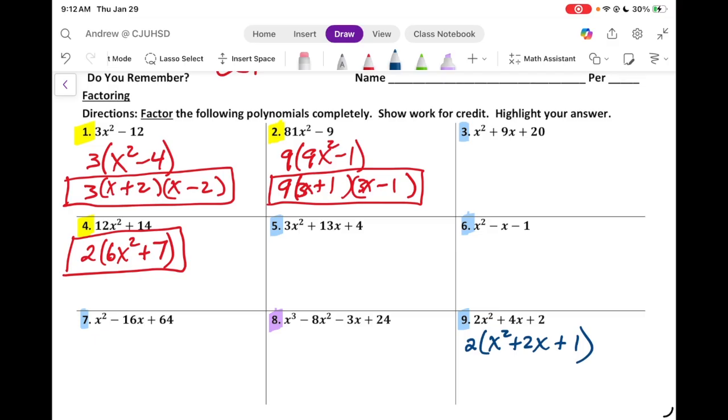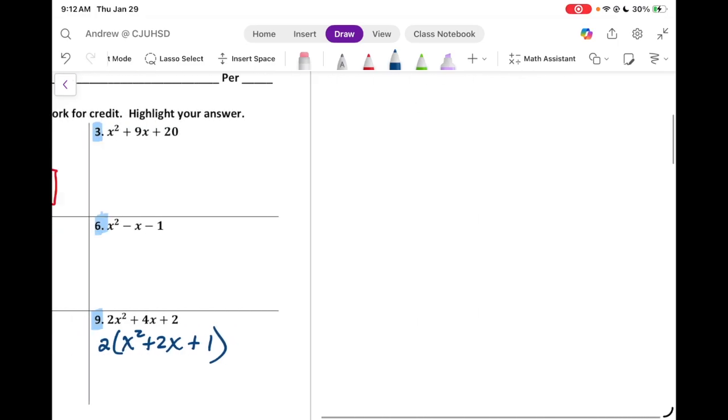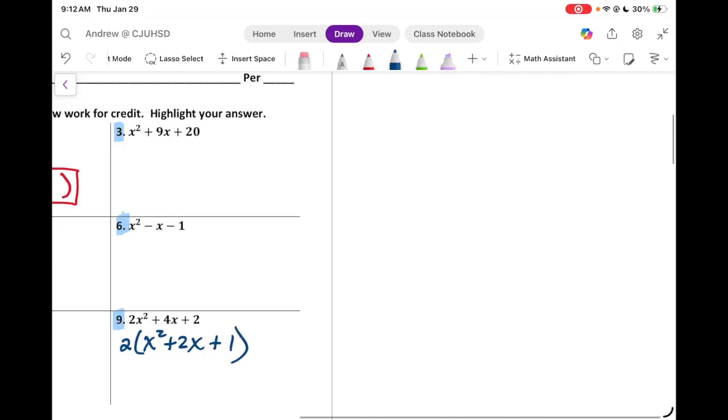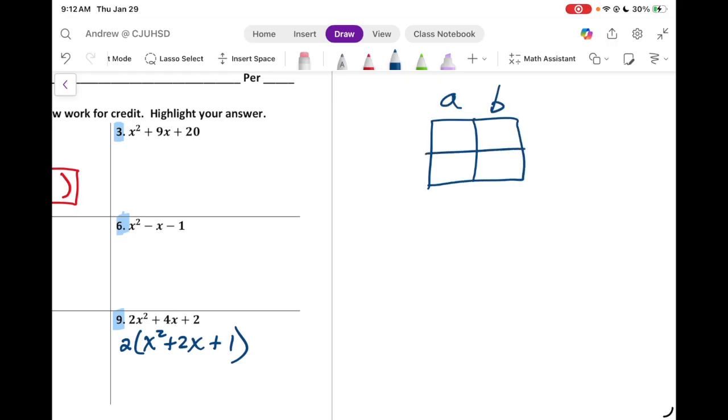Okay, here's another pattern to look for. It's called the perfect square pattern. Now, let me do this off to the side here. If you have a perfect square, and we'll use the box to illustrate that, that's a plus b and a plus b. You'll have a squared, an ab here, an ab here, and a b squared at the end.